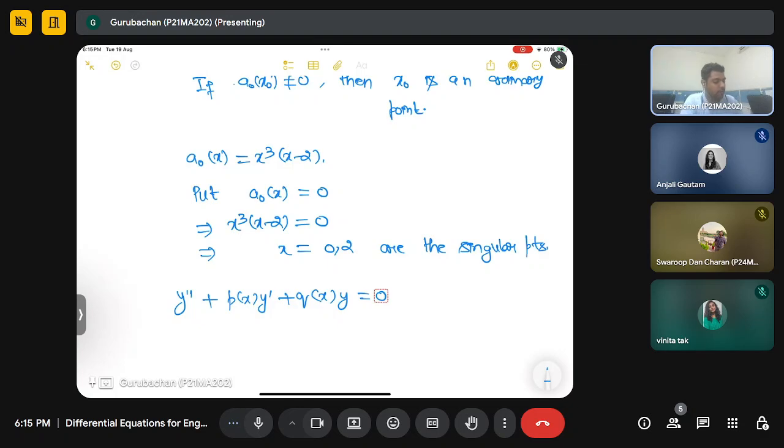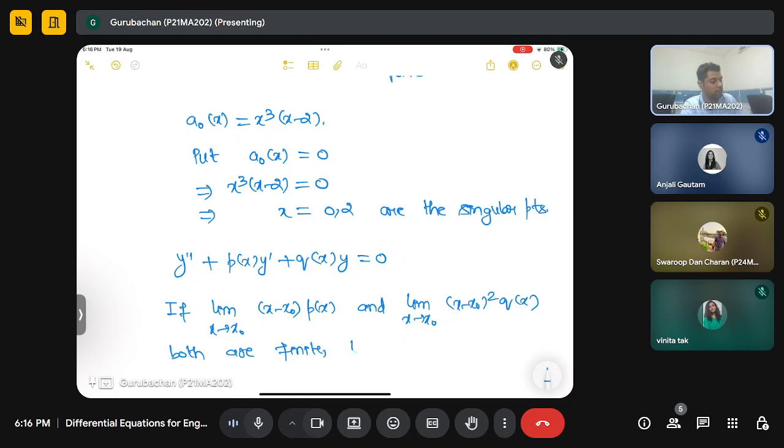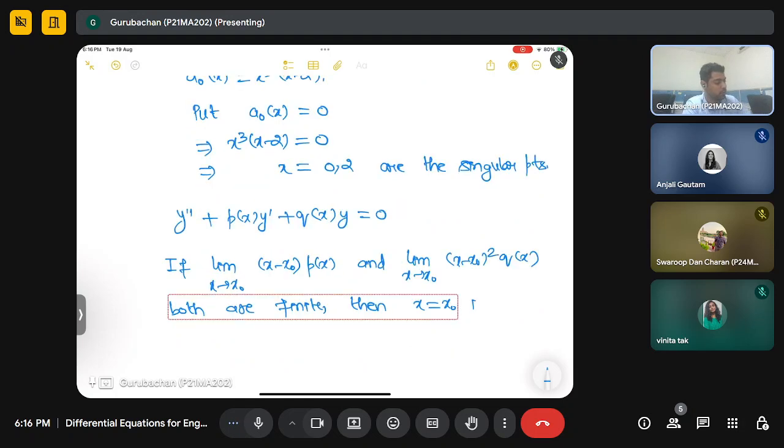If the limit as x tends to x naught of (x minus x naught) p x, and the limit as x tends to x naught of (x minus x naught) square q x, both are finite, then x equal to x naught is a regular singular point.